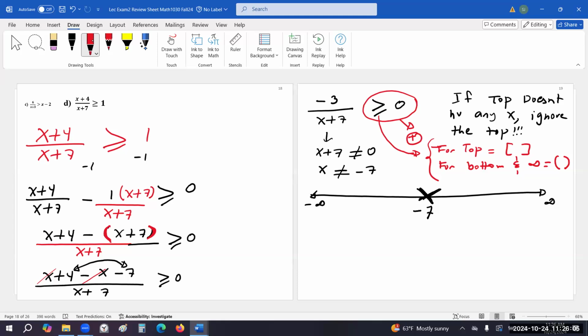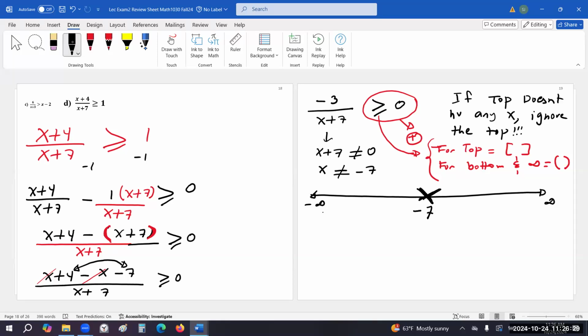Did we get any x value from the top? From the numerator, did you get any x value? No, because we didn't even have any x value on the top. That means our solution set is not going to have any bracket. It will have only parentheses because we did not get any x value from the top.